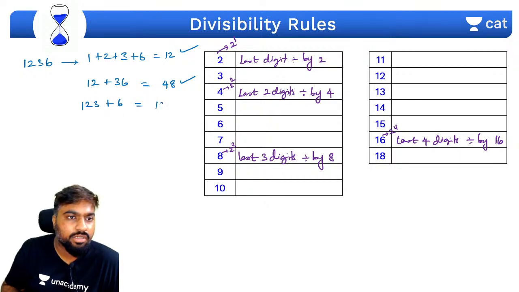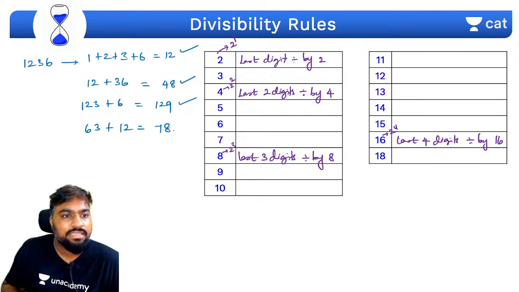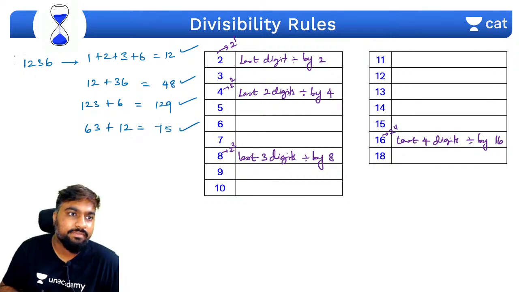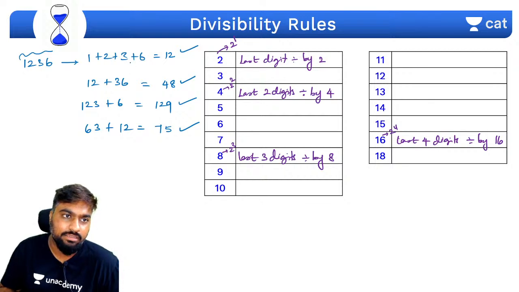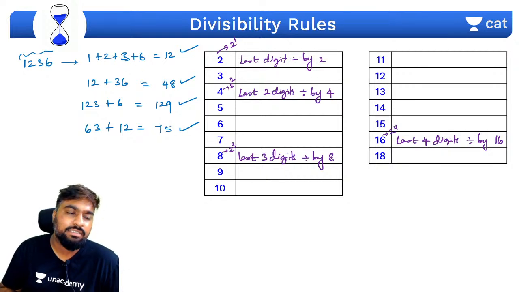That is 129, divisible by 3. You can shuffle these digits also. I can consider 63 plus 12 also. 75, divisible by 3. Are you understanding? You can add them in any way you like, shuffling around. At the end of the day, it's just the single digits that matter to us.